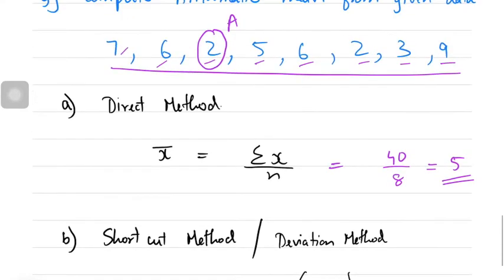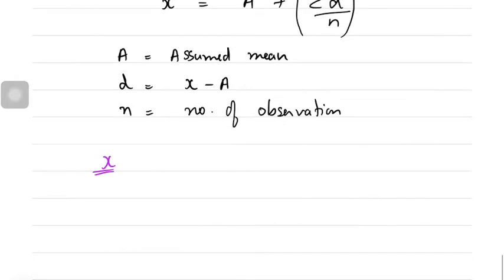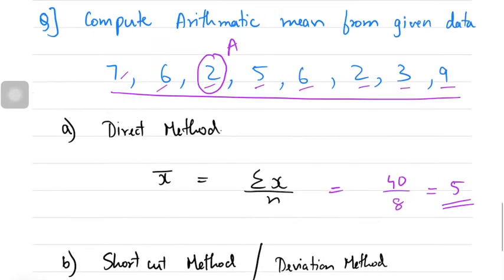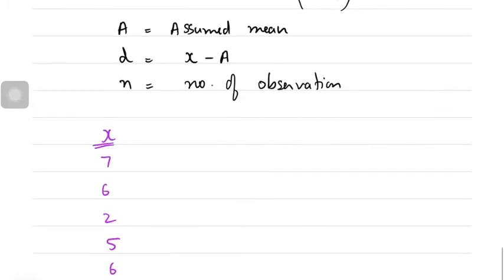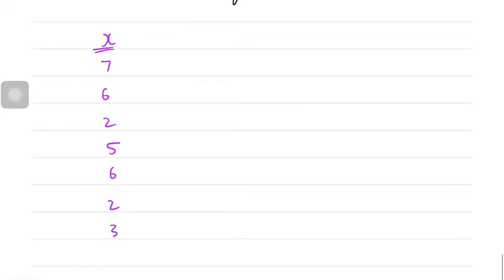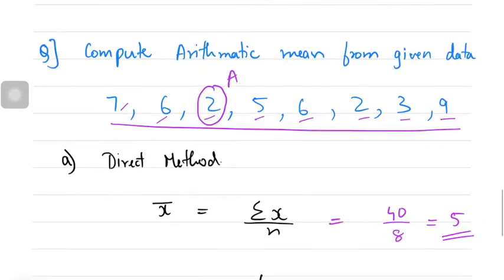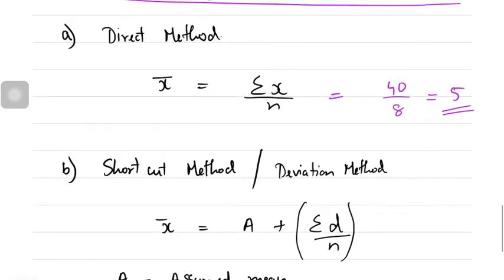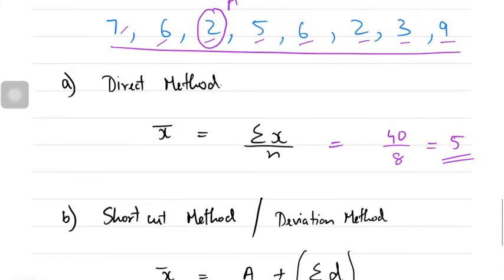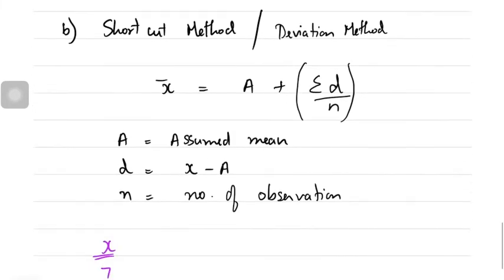So my x is 7, 6, 2, 5, 6, 2, 3, 9. So when I use direct method, my arithmetic mean is 5, which is correct.